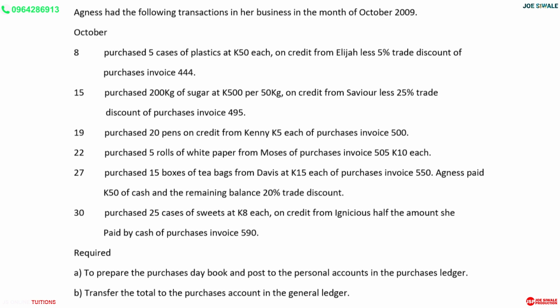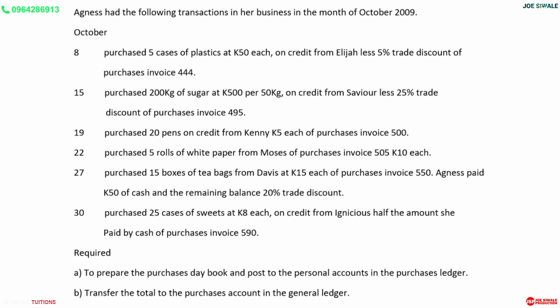Then on the 15th, purchased 200 kg of sugar at 500 kwacha per 50 kg on credit from Savior, less 25% trade discount of purchases invoice of 495.